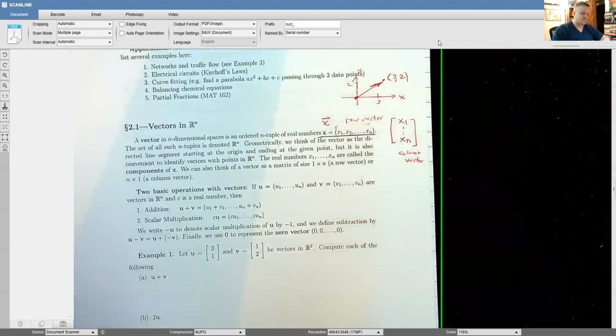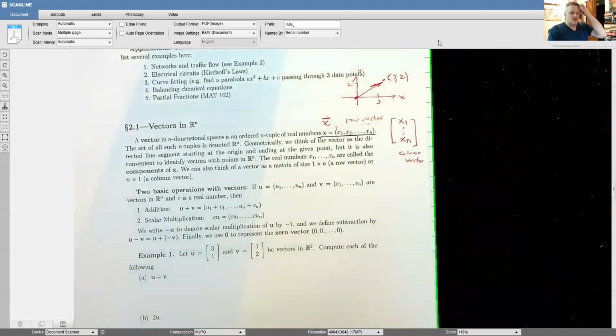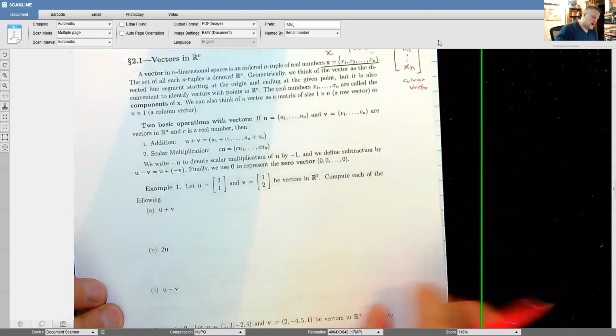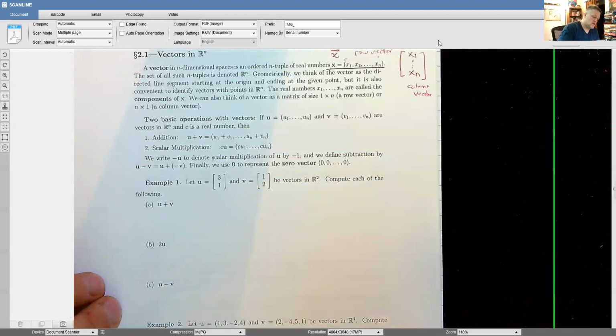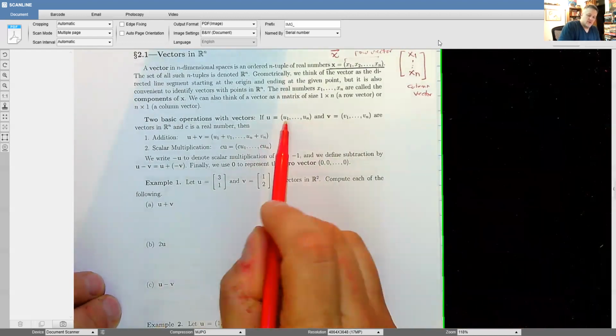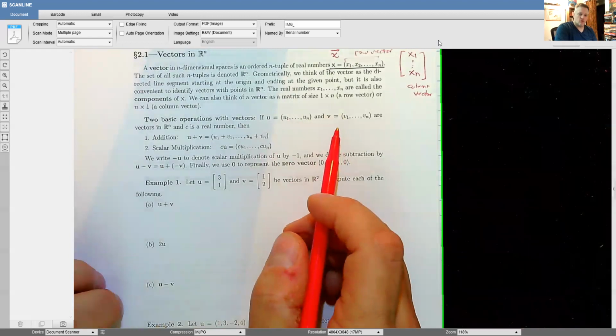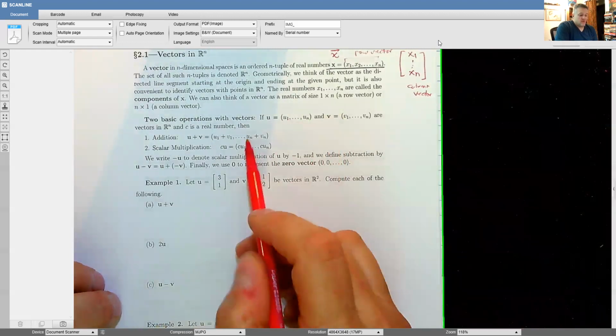Okay, so two operations on vectors with which you're likely familiar are how you add them and how you scalar multiply them. So we know that the two vectors that you're considering have to have the same number of components from these definitions.